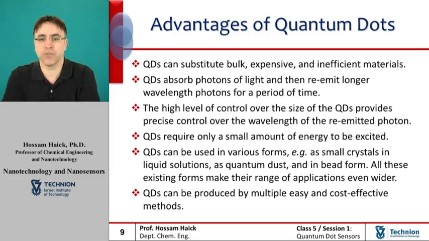The third advantage of the quantum dots relates to the fact that they only require a small amount of energy in order to be excited, and this can be achieved by a single blue or ultraviolet wavelength beam, regardless of the quantum dot size. Both attributes reduce the cost of the sensing quite dramatically.